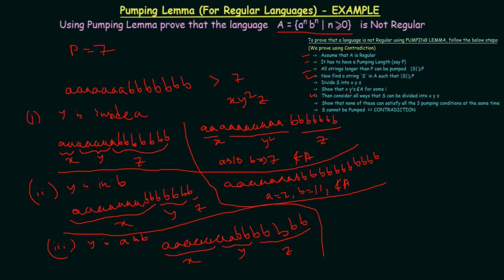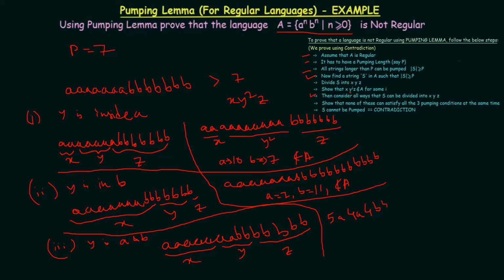Here if I double it, 5 a's was at the beginning. If I double it, then it will be 4 more a's and 4 more b's, and there are 5 b's later.